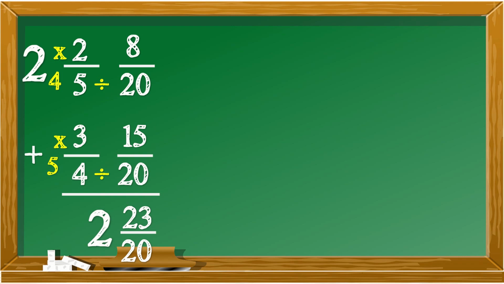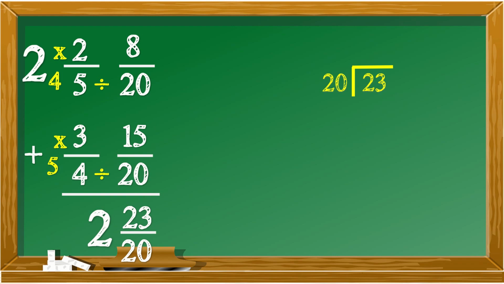So we have 2 and 23 over 20. Oh no, 23 over 20 is an improper fraction. We need to change this first into mixed form. The denominator must be greater than the numerator.